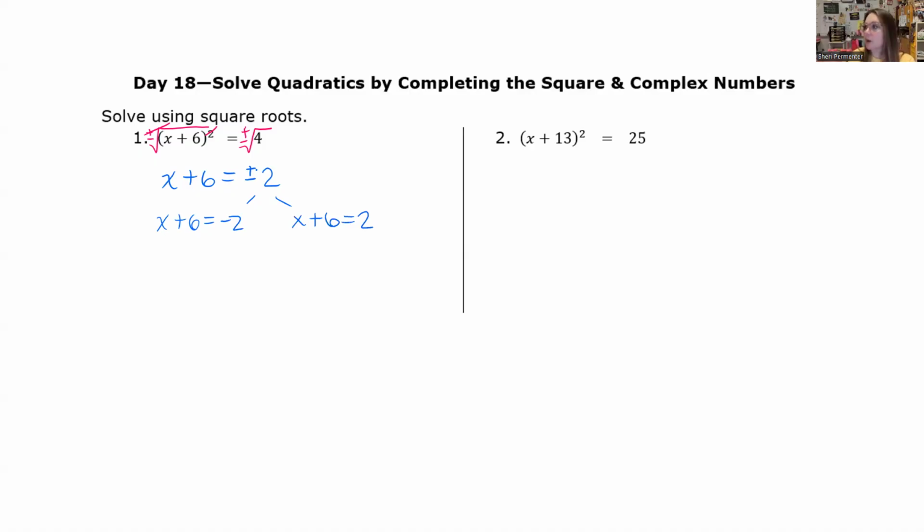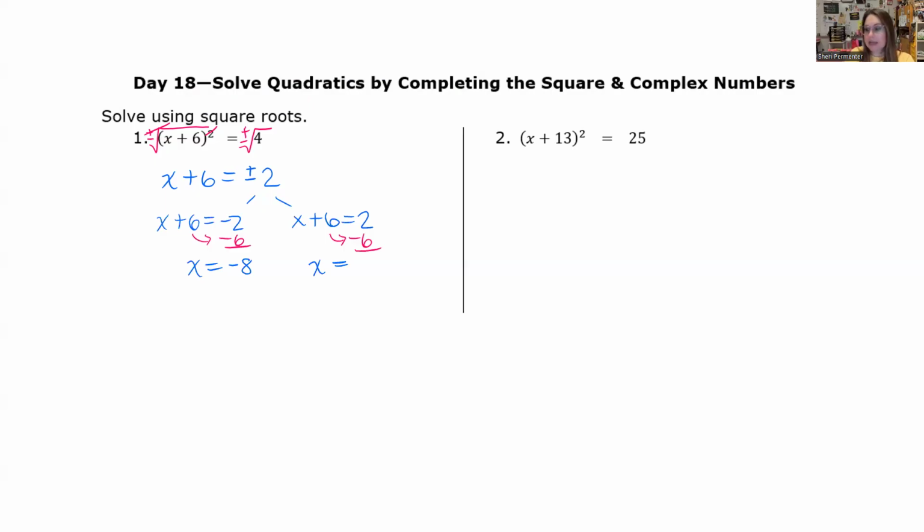And it doesn't matter if you put positive and then negative. Doesn't really matter. And y'all already told me that to get x by itself, I would have to subtract 6. And so I've got these two different branches, and I get x is equal to, what's negative 2 minus 6? I'm getting more negative. Negative 8.